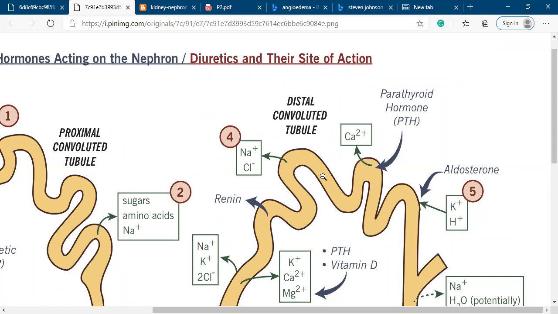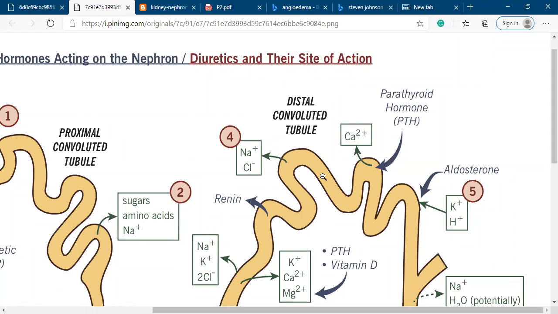Digoxin we use for heart failure, but if you give quinidine or digoxin with thiazide like hydrochlorothiazide, they increase the toxicity. Also, thiazide decreases the effectiveness of anti-diabetic medication.